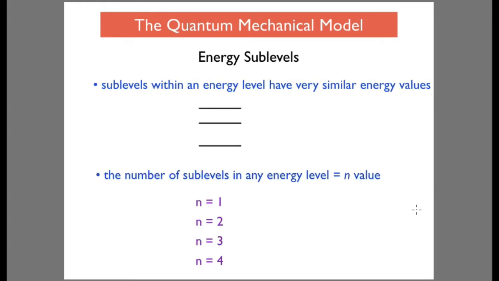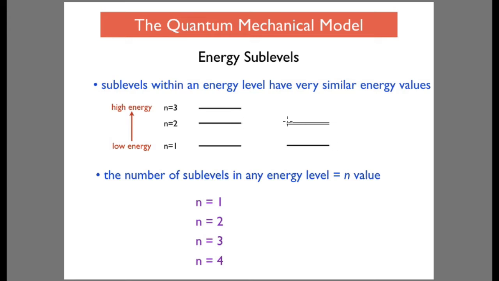The sublevels within an energy level have very similar energy values. So let's look at how they divide. You've got low energy at the bottom here, and you've got high energy up top there. In the first energy level, second energy level, third energy level, you have 1 in the ground energy level.